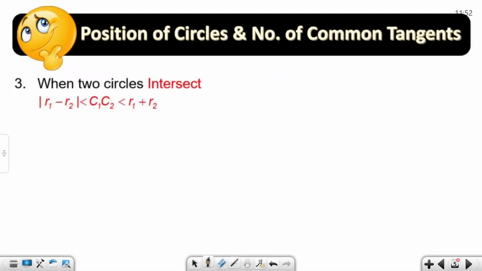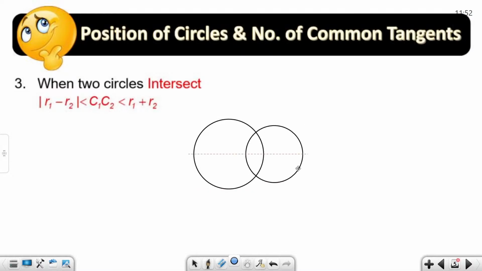When two circles intersect each other, then what will happen? Again, let us say this is the center C1 for the first circle and this is the center C2 for the second circle.